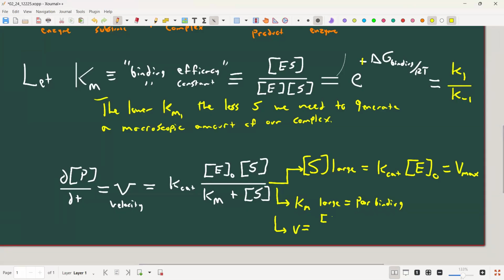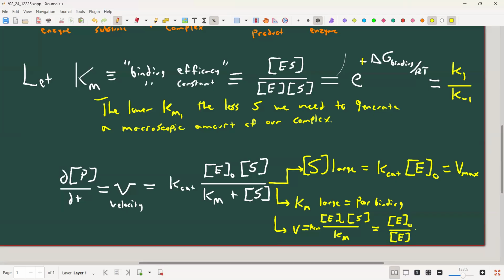We have E naught Kcat S over Km. We're neglecting that S in the denominator, it's small. Km is E S over S, so once we get that in, the function would be E naught over E times Kcat times S squared.